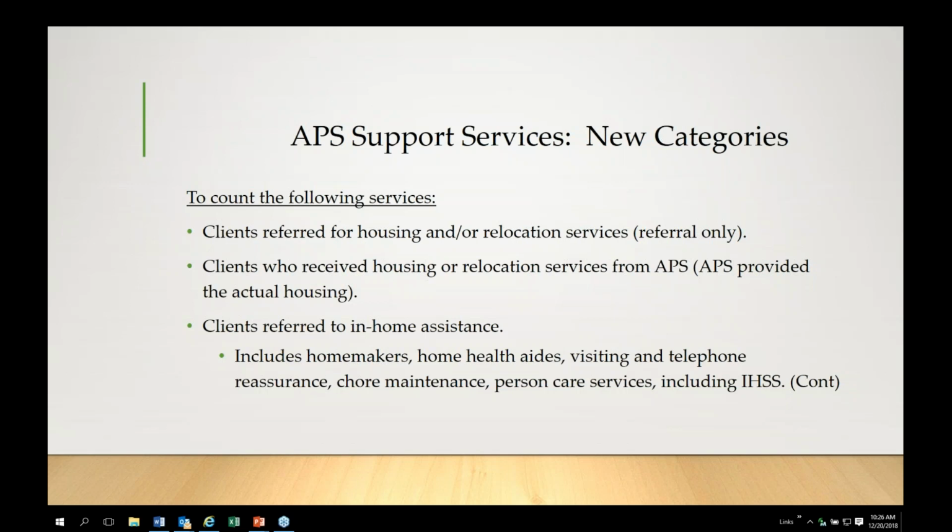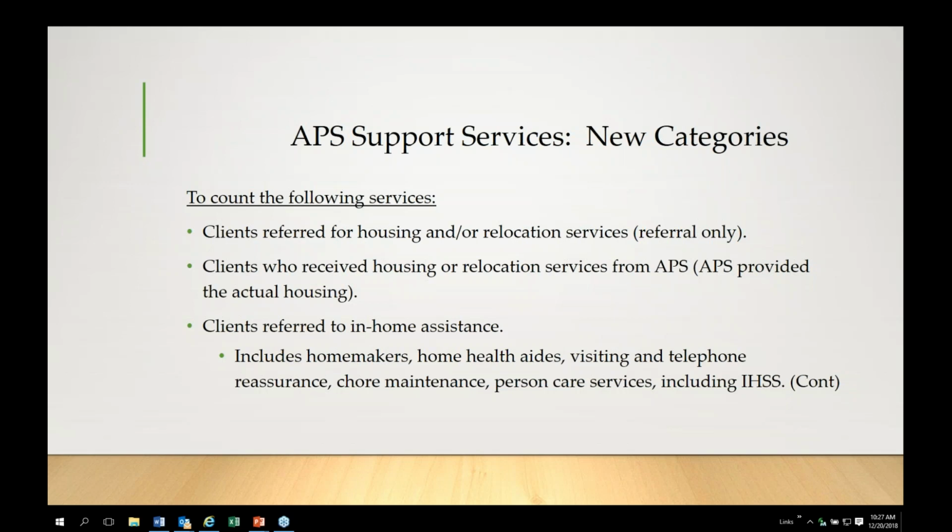And this is when you do something beyond just making a referral. You went out and looked for housing for them. You got them involved with the Home Safe program. You made a bunch of calls to get them into a shelter. Any of that kind of work where you're actually doing the work, you want to count here.